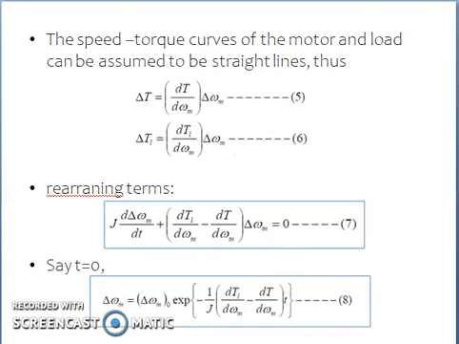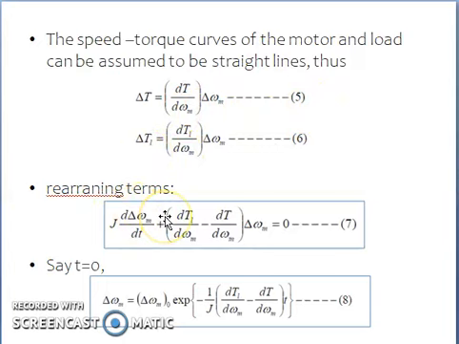For small changes in the speed, the torque curves of the motor and load can be assumed to be straight lines. With this we can write delta T as dT by d omega m times delta omega m as the next equation. Similarly for delta TL.